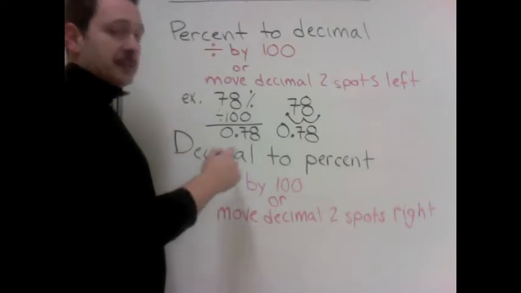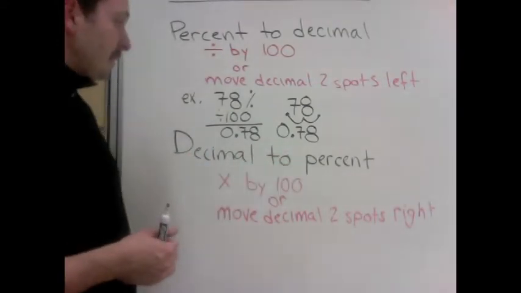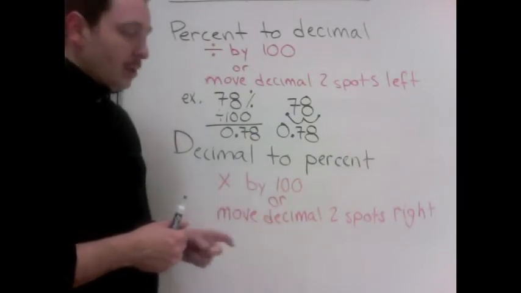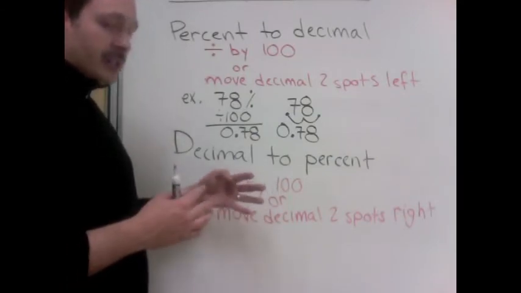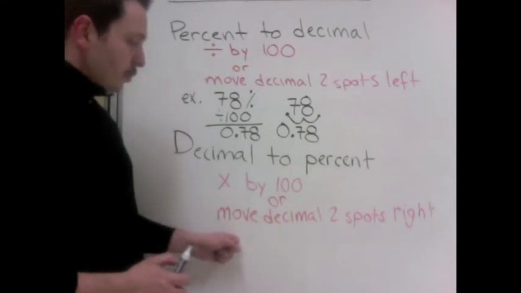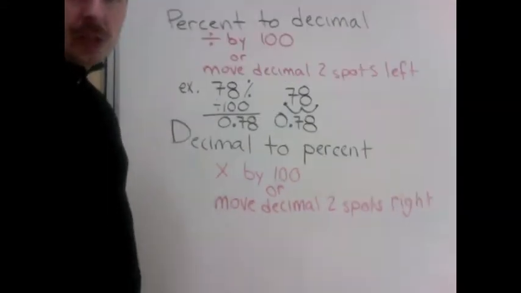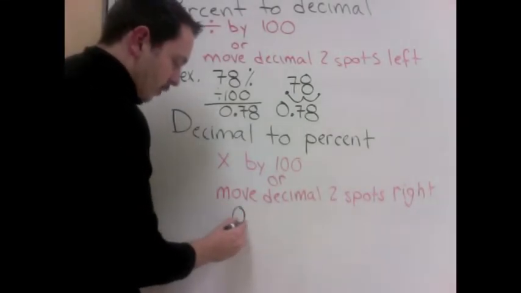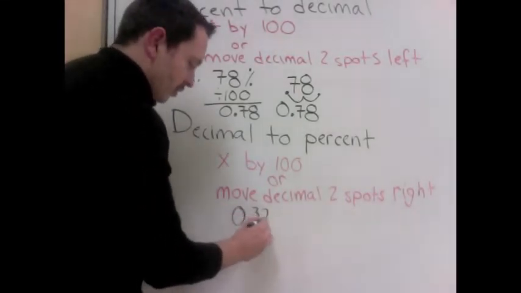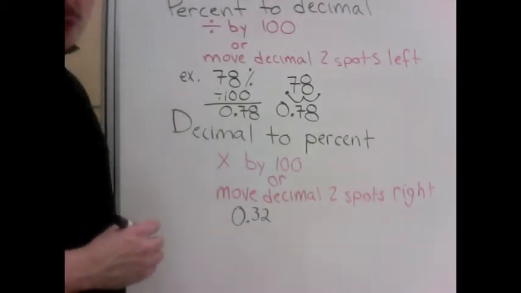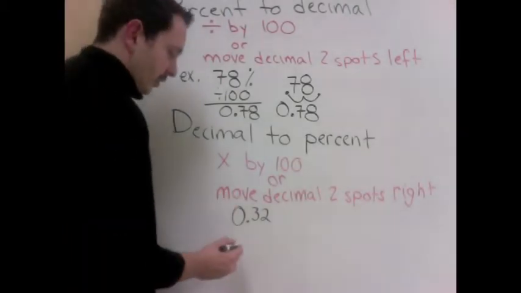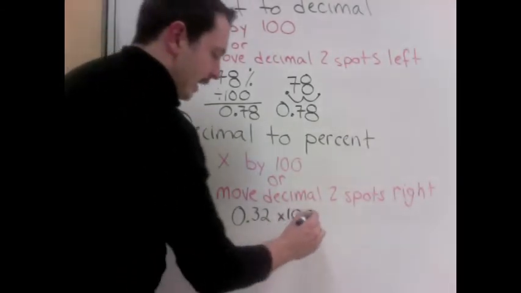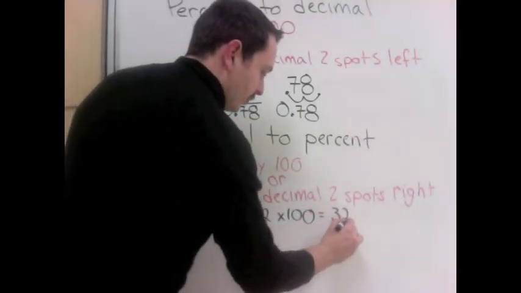Now going from decimal to percent, it's the opposite. For decimals to percents, we multiply by 100, or what you're essentially doing by multiplying by 100 is moving the decimal 2 spots to the right. So if I started with a decimal like 0.32 and I wanted to change that into a percent, I could either times it by 100 and I would get 32%.